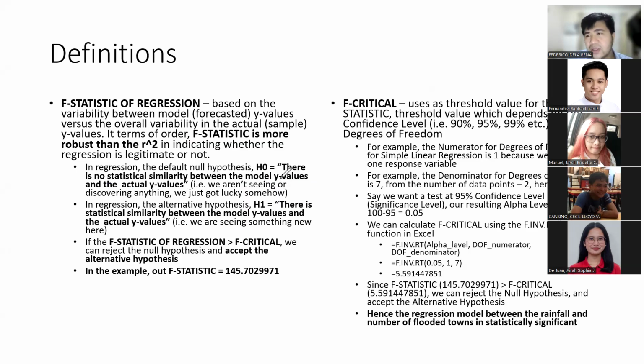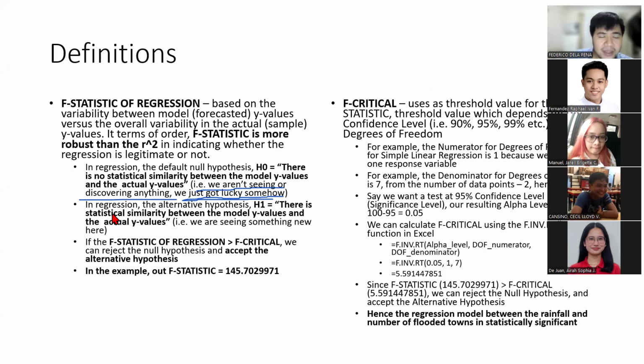The null hypothesis is generally a lazy statement. It's telling you that we're not seeing anything. It's like a sort of devil's advocate. So you're not seeing something, you simply got lucky with your R squared. Your 95% R squared is just due to luck.